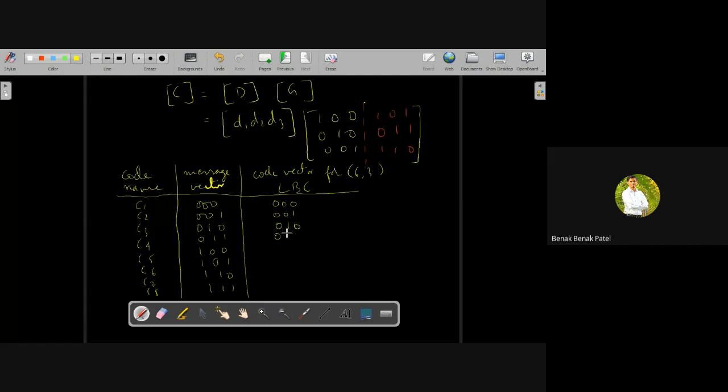Whatever you multiply it with, you should get the same thing. But right after that we have the parity part, and the parity part plays an important role in generating our n-k check bits. So let's see how that happens.